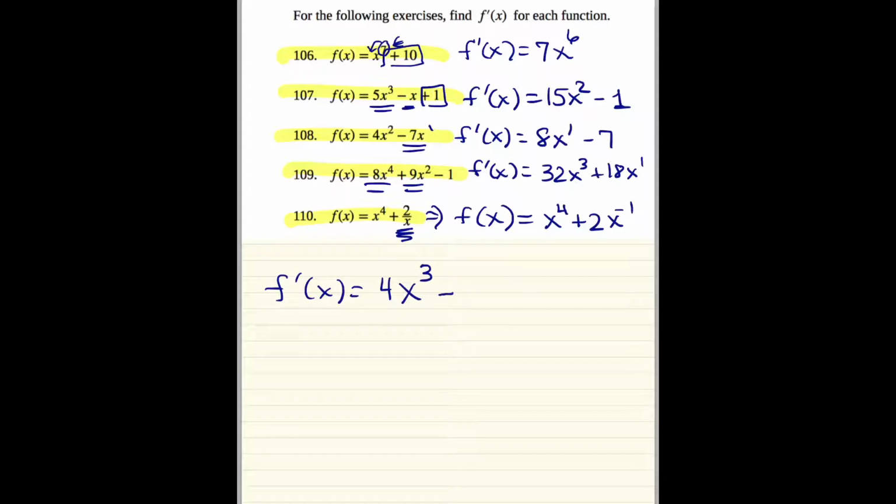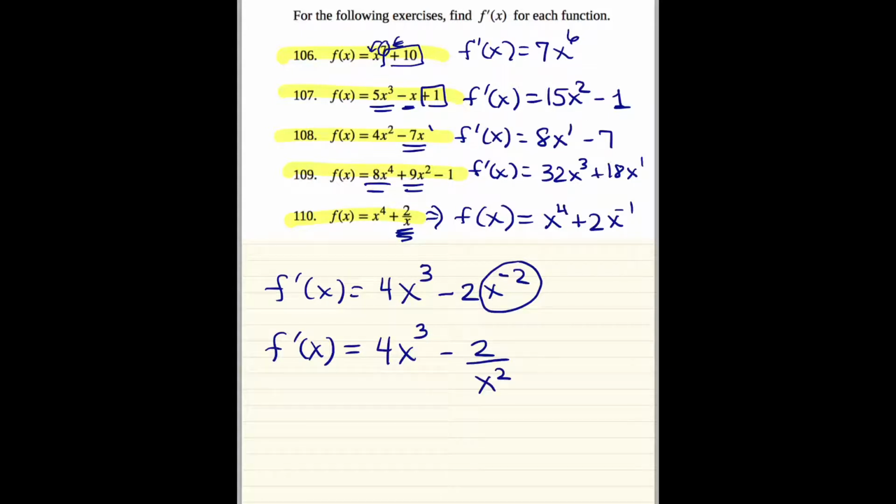Negative 1 times 2 is negative 2, x, reduce that by 1. And it looks like this. We should never leave exponents in negative form. So since the x is the only one that has the exponent that's negative, it goes on the bottom. And that's how you do these problems.